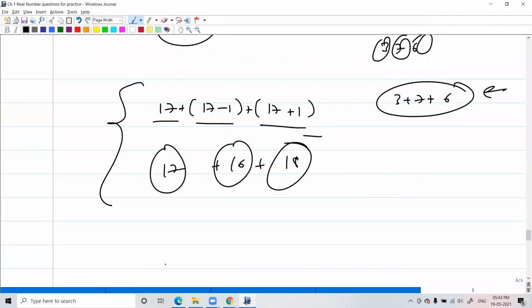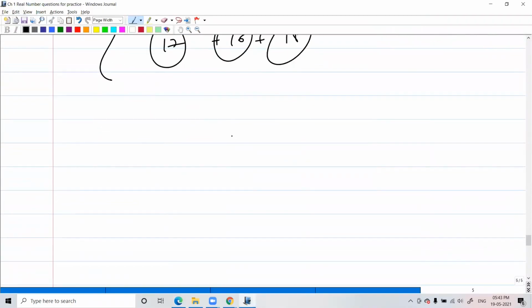Let me try to take another example. So if I want to find out whether 3 into 4 into 5 is divisible by 3 or not, what do we do? Do we add 3 plus 4 plus 5 and then check that it is divisible by 3 or not? 5 plus 4, 9, 9 plus 3, 12.